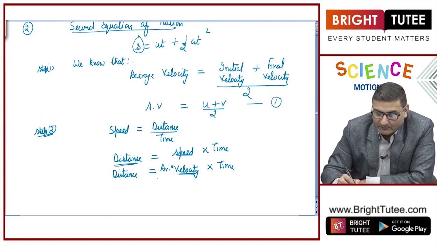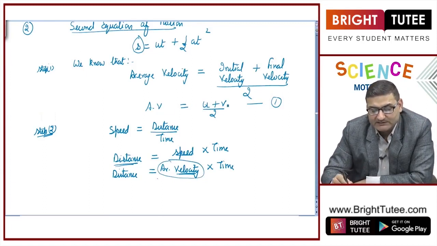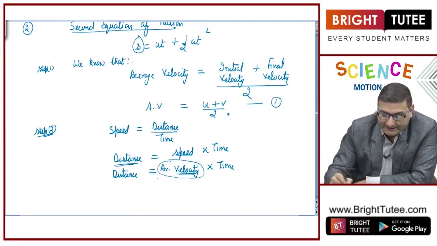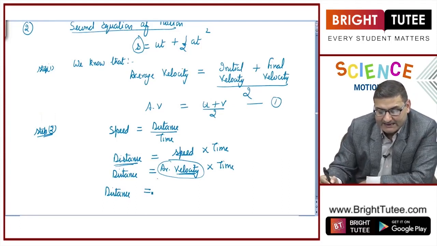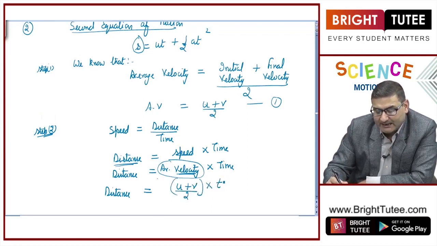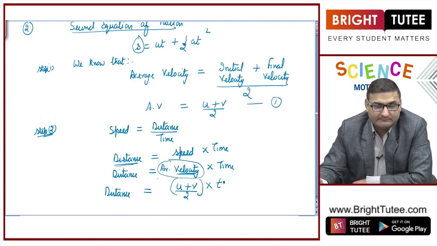Got it? Now, the average velocity as per equation number 1 has been expressed as u plus v upon 2. So, replacing the value of average velocity in this formula, instead of writing average velocity, I can write u plus v by 2 multiplied by time. I am expressing it as small t.